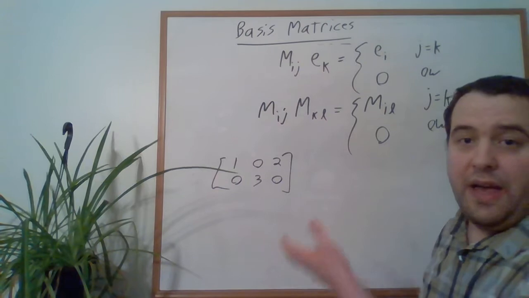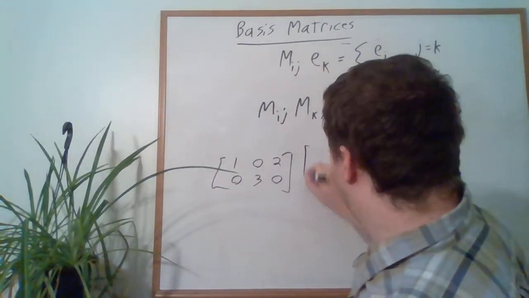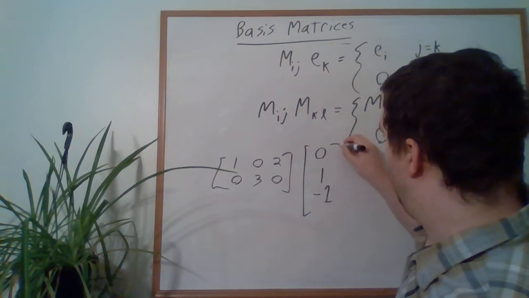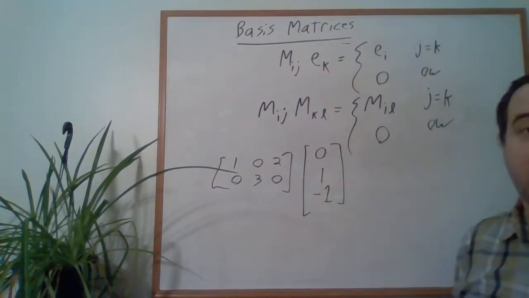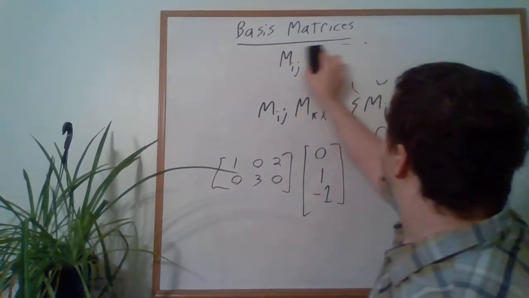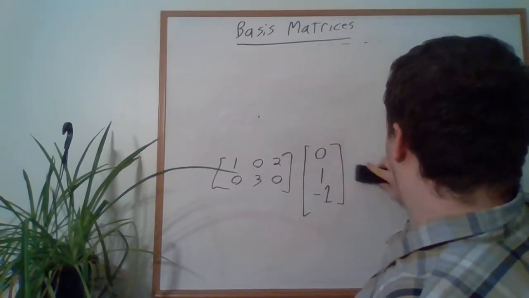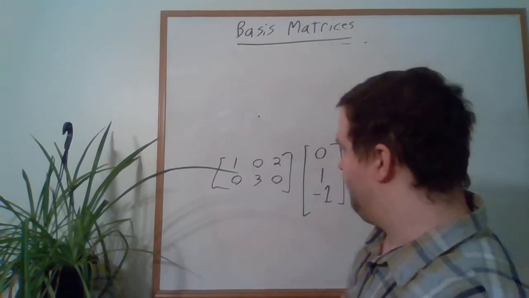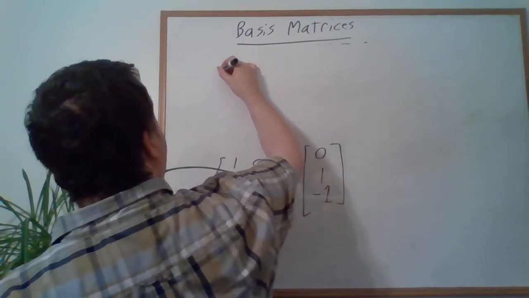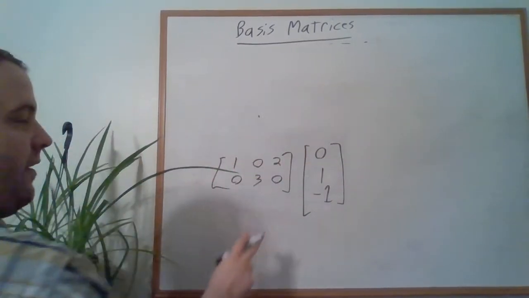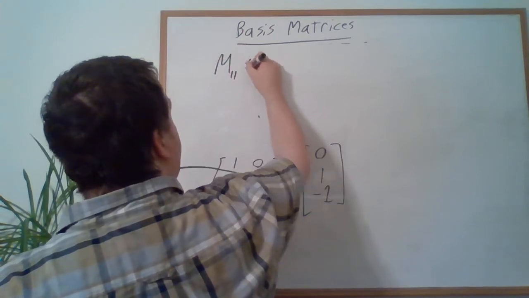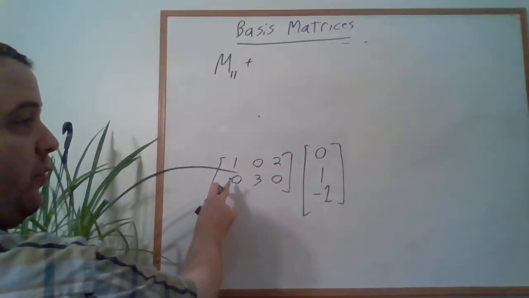Suppose I want to multiply this matrix by this matrix here. So this matrix here, we can write as M11, so that gives us this one here.